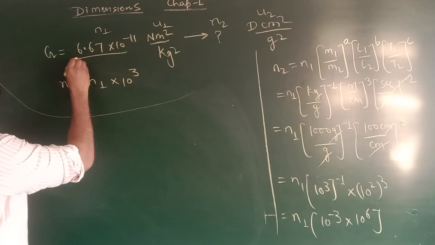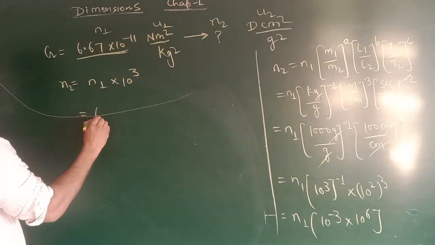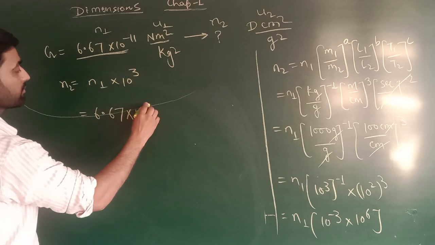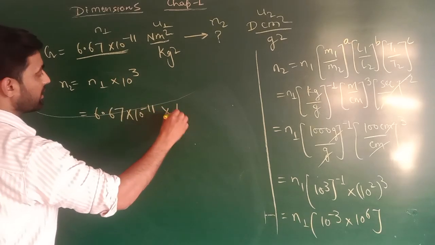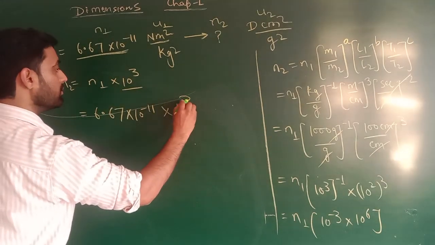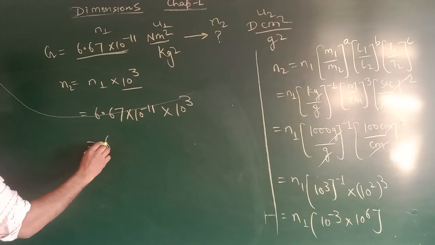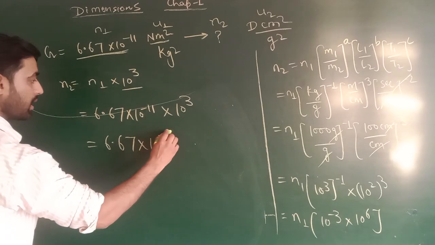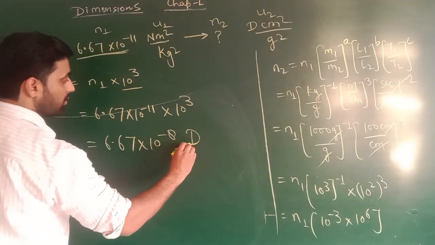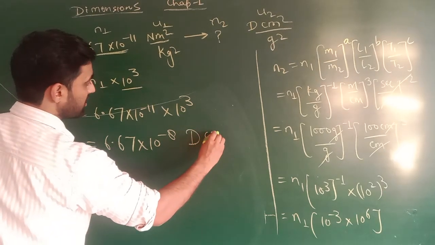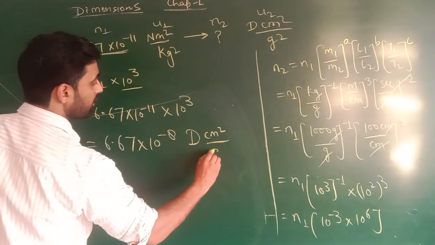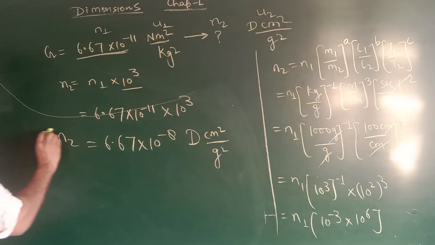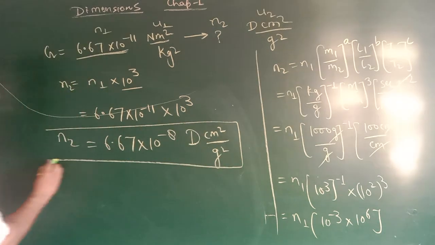Here is the N1, that is 6.67 times 10 to the power minus 11 multiplied by 10 power 3. So 6.67 times 10 to the power minus 8 dyne centimeter square per gram square. So that is the value of N2. This is our answer.